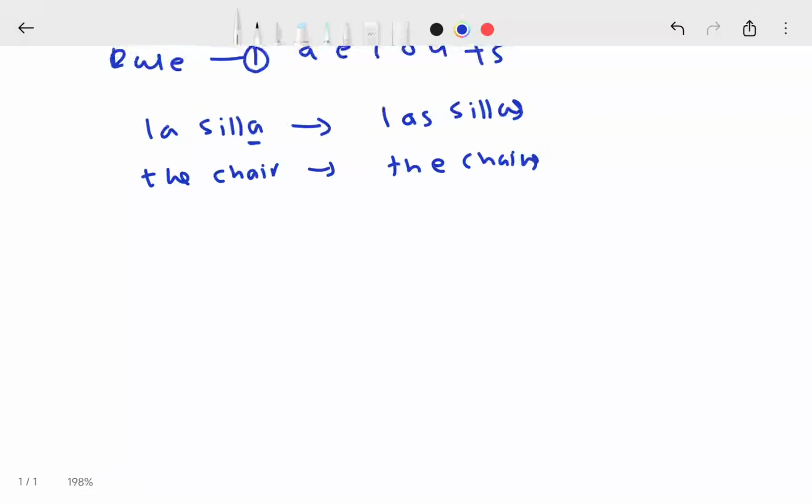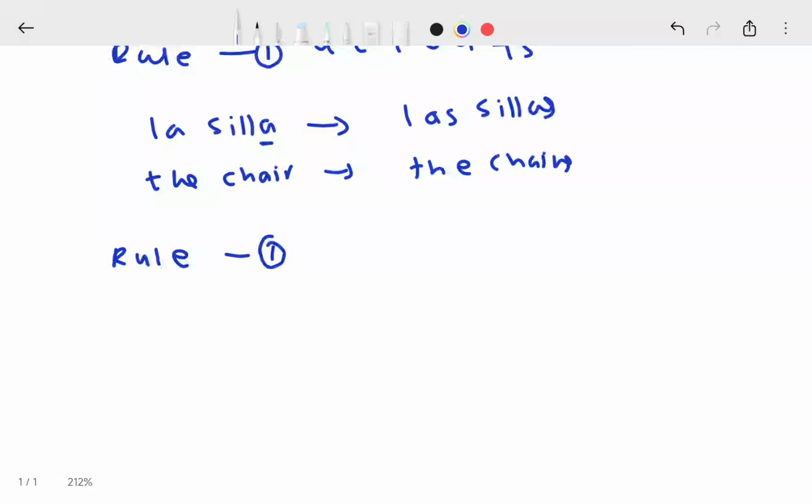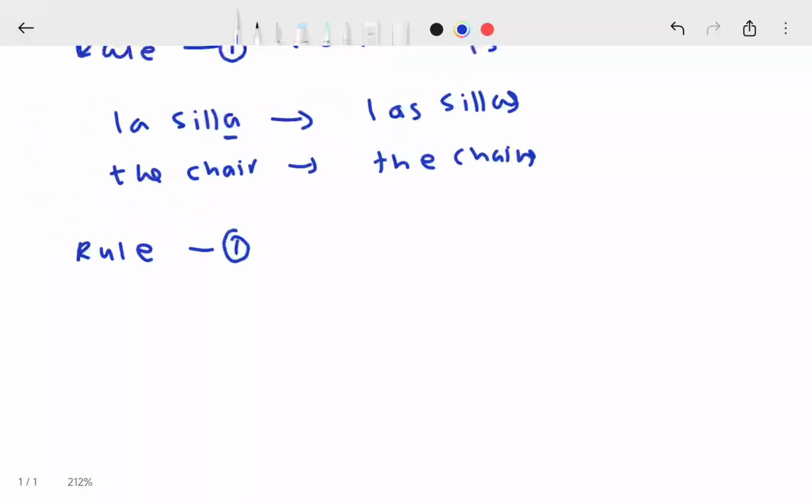So second rule: if the word ends with a consonant, for example B, C or L, then if it is a consonant, we will add es. For example, el papel.